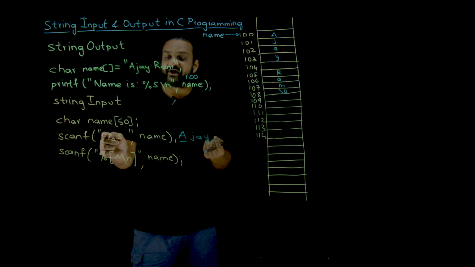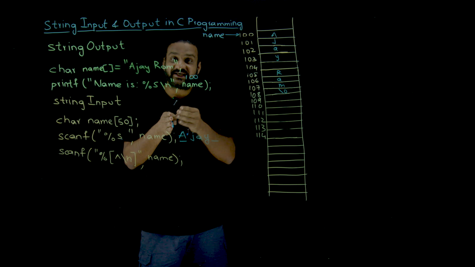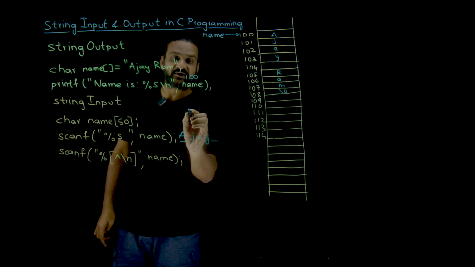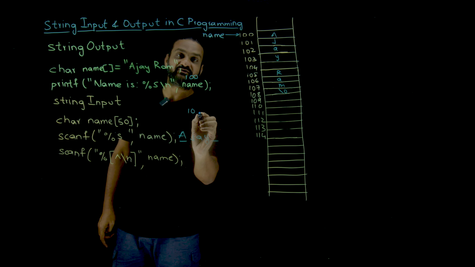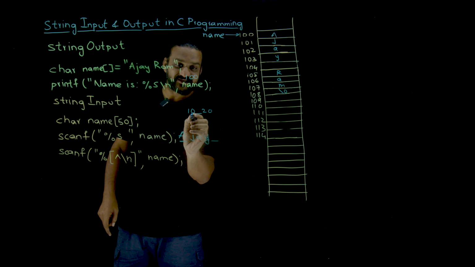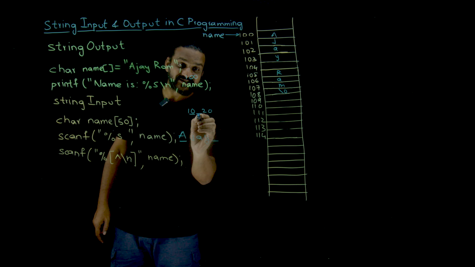Whenever we provide a sequence of integer values, for example 10 and after that 20, the space is the delimiter. It lets scanf understand that the first value has to be stored in a variable, and this space is the delimiter.